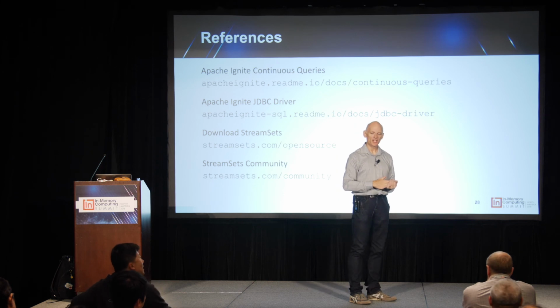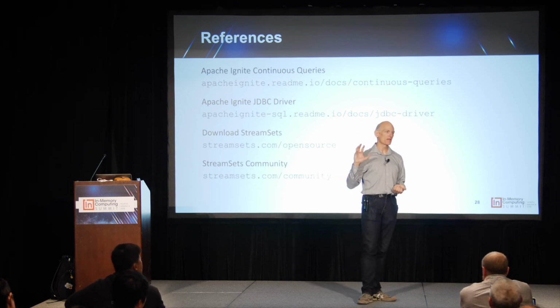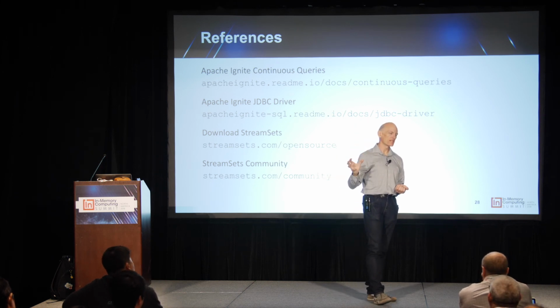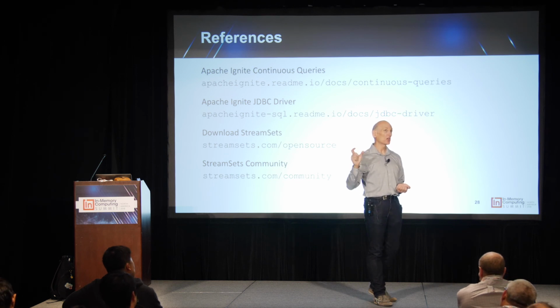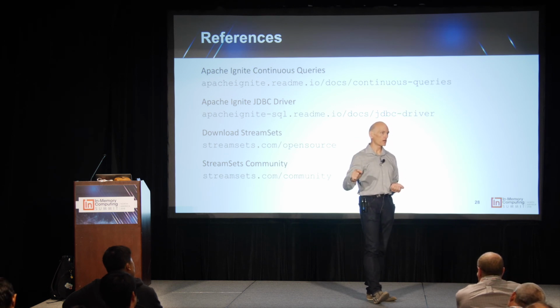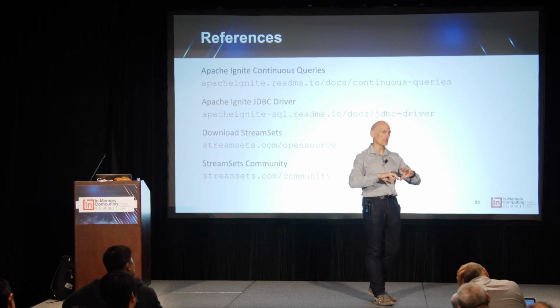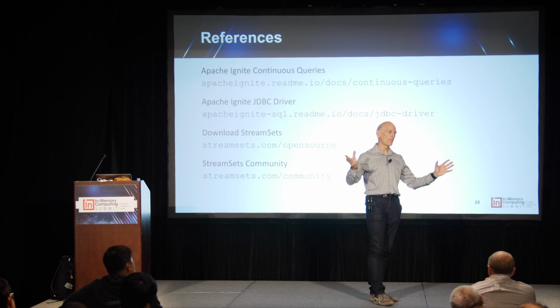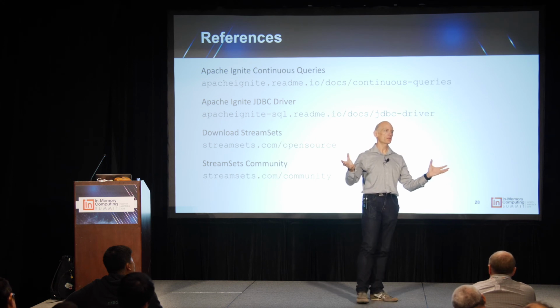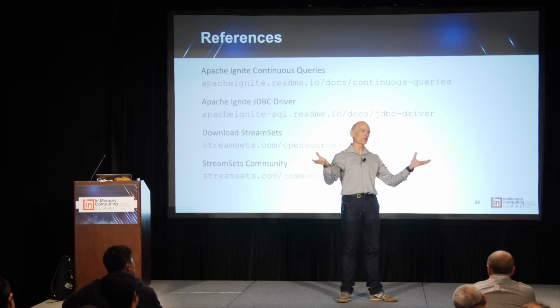I kind of ran out of time as I was getting the content together, but I would look at the client JDBC driver, the other one. It's a bit more work to set up because it actually creates a full Ignite node with your application.